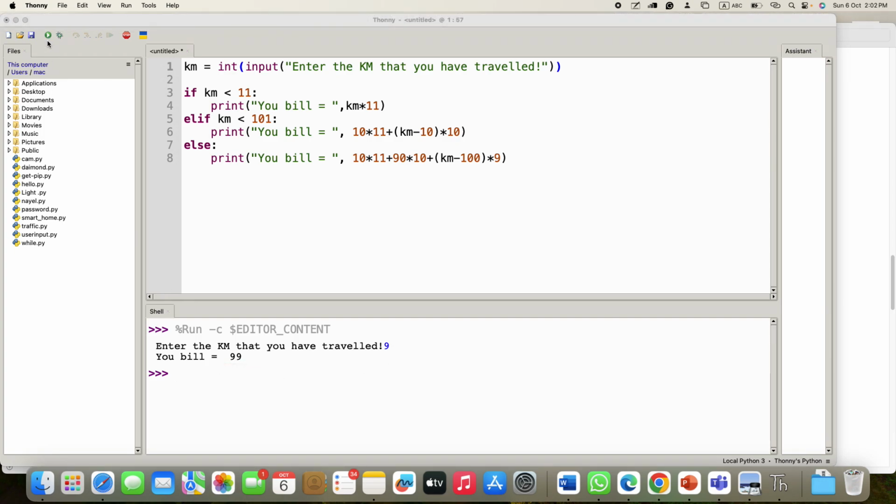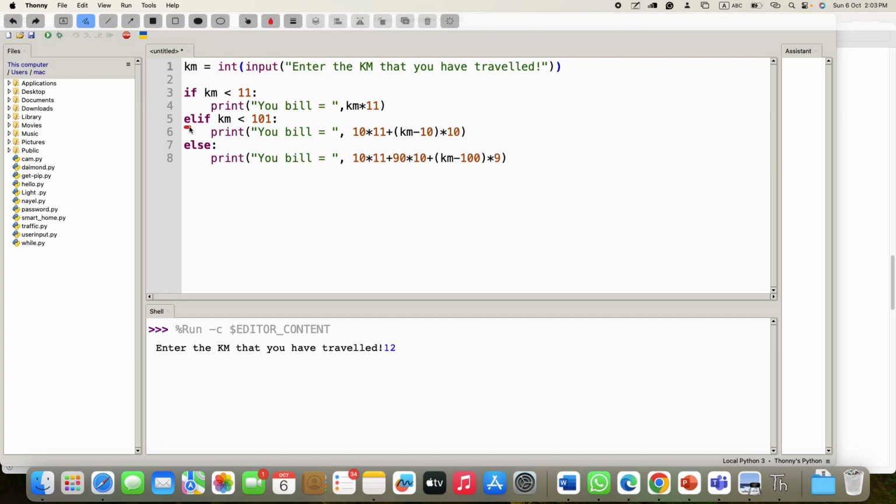But if I say 12, now 12 is above 11. So in the 12 case, it will come to this part, because 12 is less than 101, and 10 will be multiplied by 11, and the remaining will be multiplied by 10. So 10 is by 11, and what is remaining? Out of 12, what is remaining? 2.